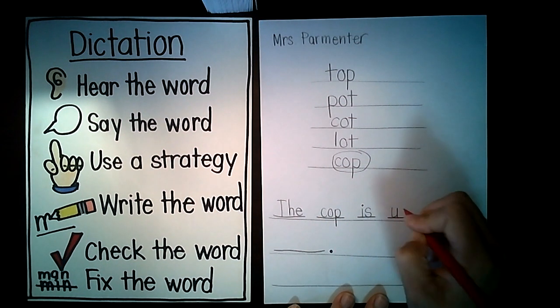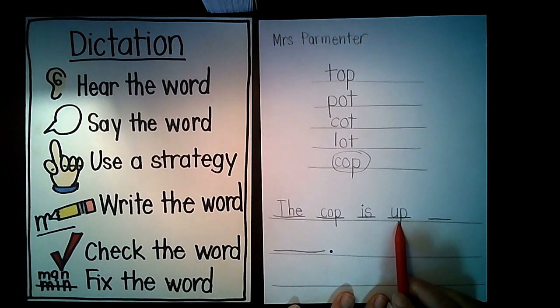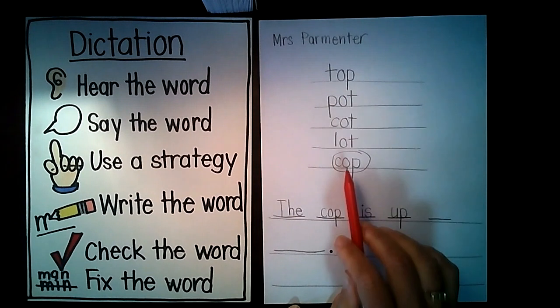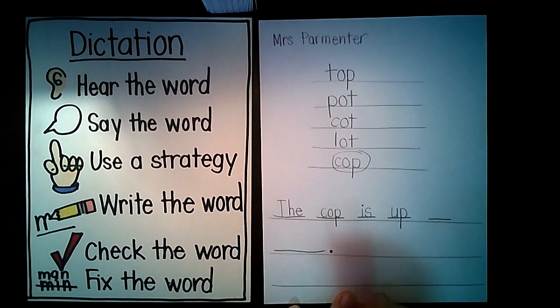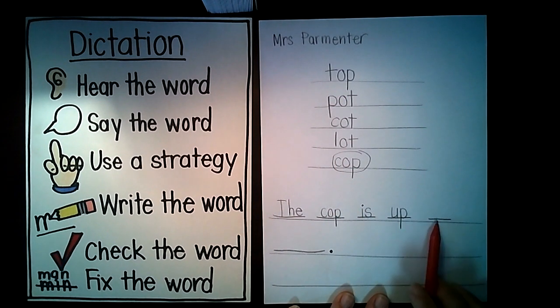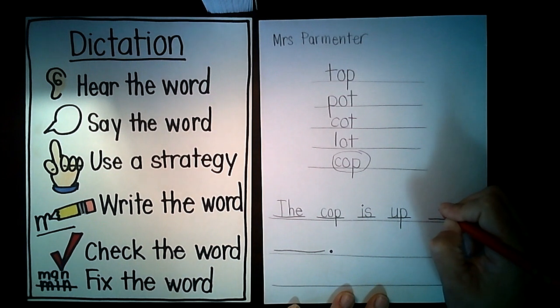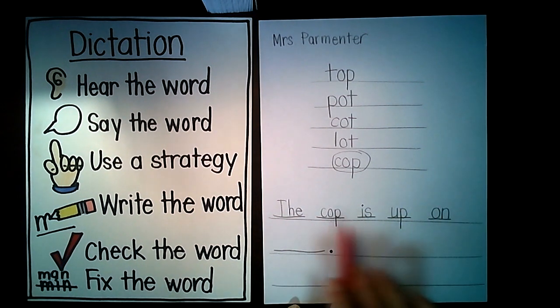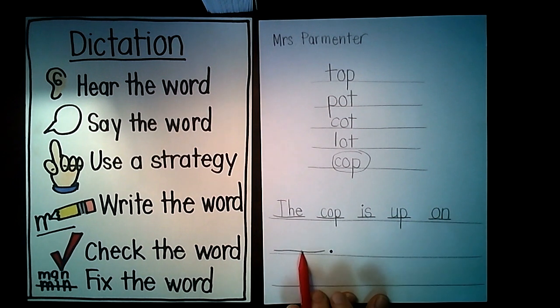U, P. Did you notice how we sounded this out? That's one of the strategies that we used up there too. The cop is up on, let's use that strategy again. N.